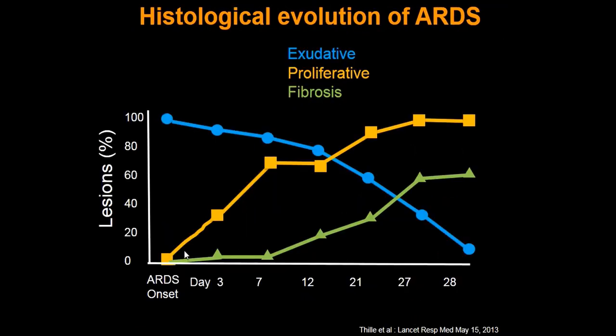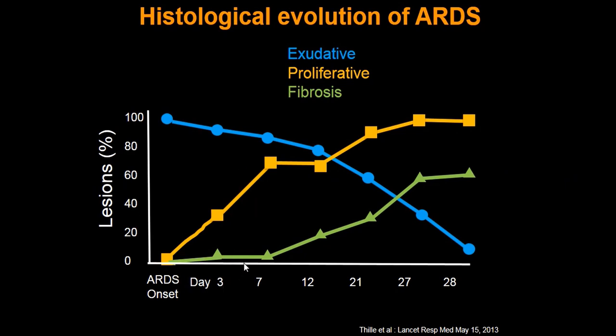So if you can see the time course, the exudative phase goes down over time from ARDS onset to day 28. But the proliferation continues to go up. And the fibrosis goes up as well. Notice that not all patients will develop fibrosis, fortunately.